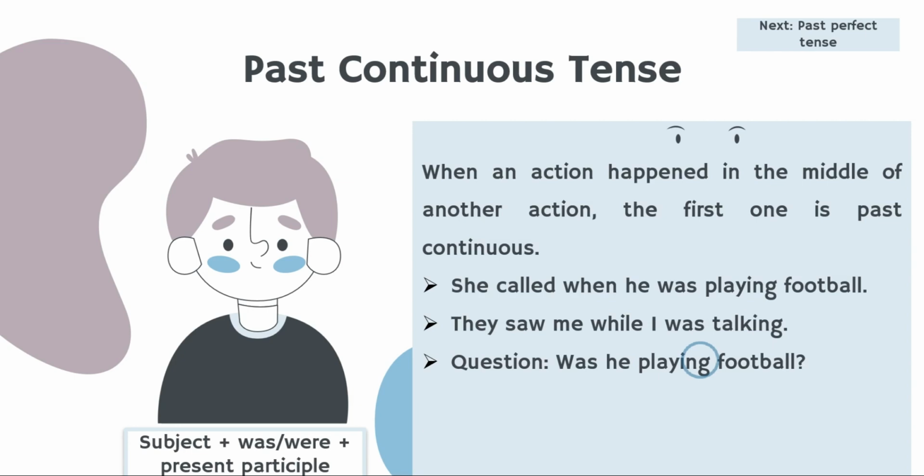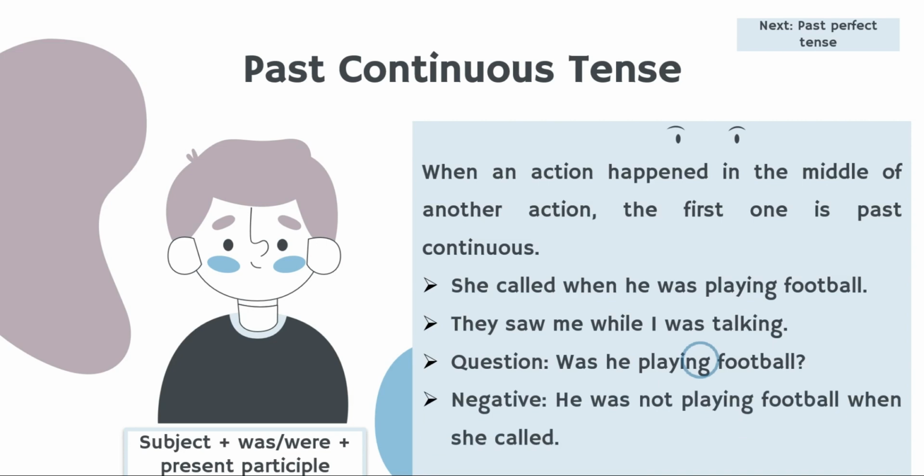And to make negative sentences in past continuous tense, we just add a not to the verb was or were. So for example, he was not playing football when she called. So to conclude, the formula to make past continuous tense is subject plus was or were plus the ing form of the verb, which is called present participle.